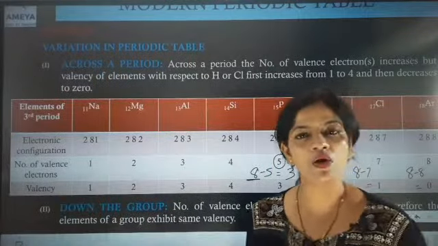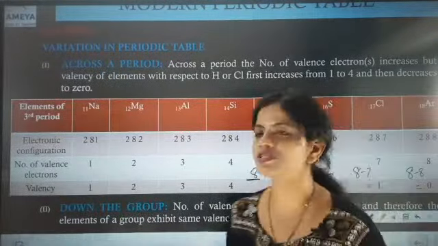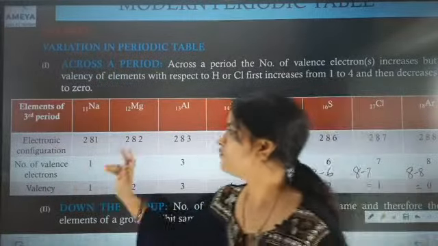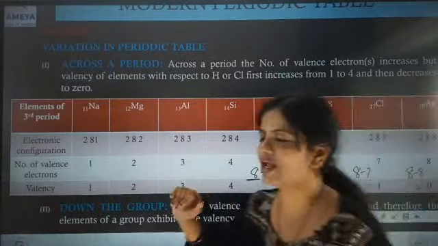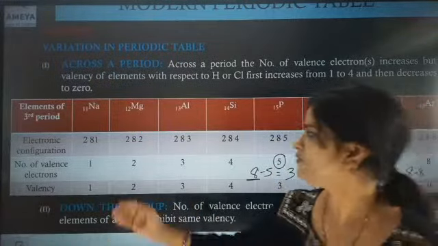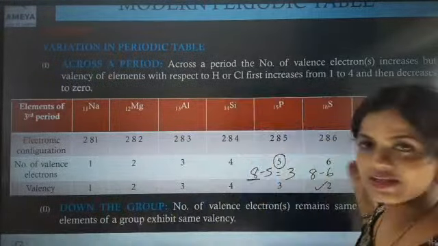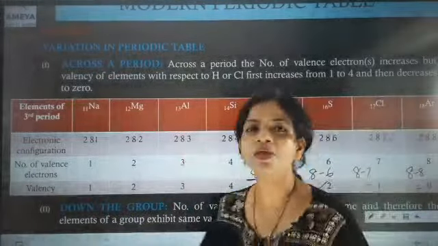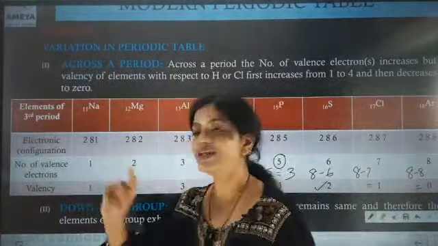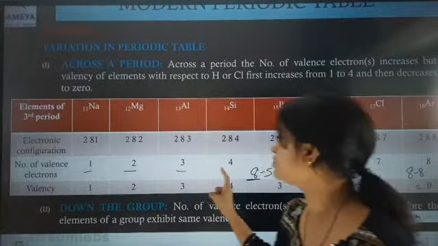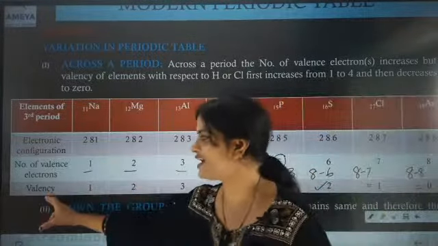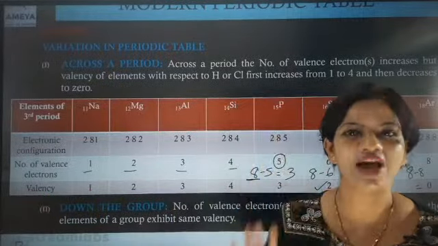What is Lewis law? Again I am repeating. Lewis law says that when we go from left to right in a period, the electronic configuration will be like this. When the valence electrons in the outermost orbit are 1, 2, 3, 4, write the valency as the number of valence electrons.